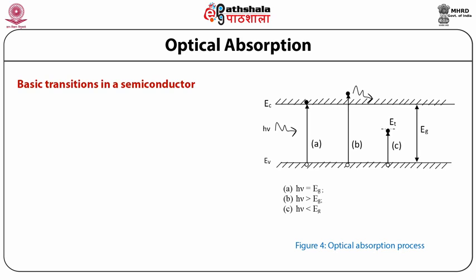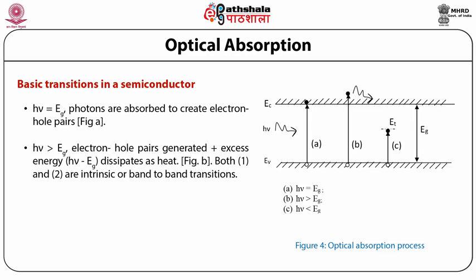For the basic transitions in a semiconductor, the first one, when h nu is equal to Eg, photons are absorbed to create electron-hole pairs, as shown in figure A. For h nu greater than Eg, electron-hole pairs are generated, and the excess energy h nu minus Eg is dissipated as heat, as shown in figure B.